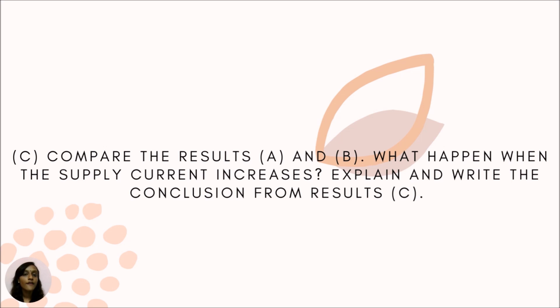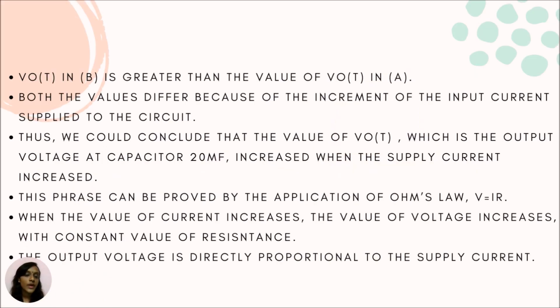For C, we have to compare the results in A and B, which are the manual calculations, explain what happened when the supply current increases, and write the conclusions from the result. As explained by our presenter previously, the value of v0(t) in B is greater than the value of v0(t) in A. From the question, we know that the supply current for question B is greater than the supply current in question A. Thus, we can conclude that the value of v0(t), which is the output voltage at the 20 millifarad capacitor, increases when the supply current increases.